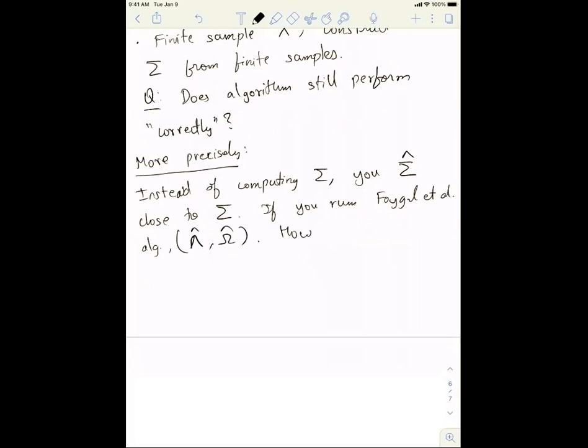How close or far is this pair from the true parameters you would have retrieved if you used the exact sigma? So essentially, this is the problem of robustness we are asking about. If you use the algorithm on a slightly perturbed matrix instead of the actual matrix, are you going to get parameters that are close to the original ones or extremely far from the actual computation?